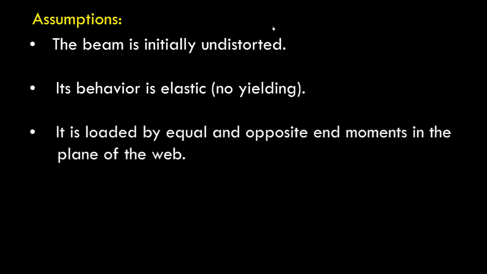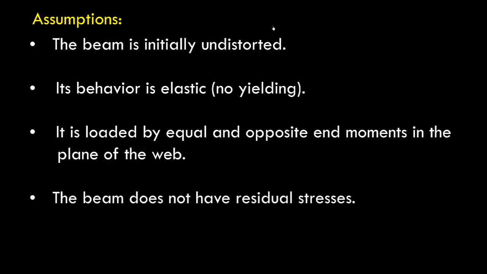Another assumption is it is loaded by equal and opposite end moments in the plane of the web. As we said earlier, we are applying equal and opposite moments at both sides. In that case, we have a moment M, and this is applied in the plane of the web. And the beam does not have any residual stresses, so we are assuming that there are no residual stresses in the beam across the length.